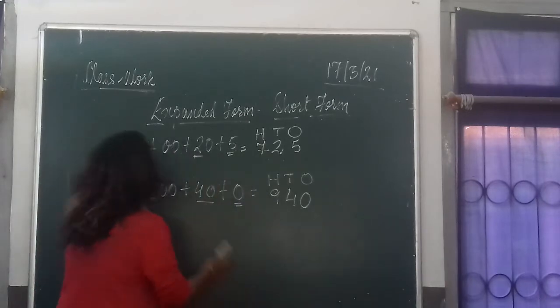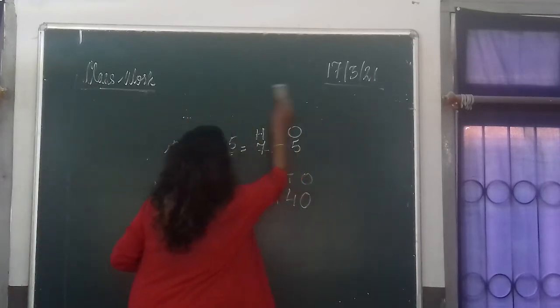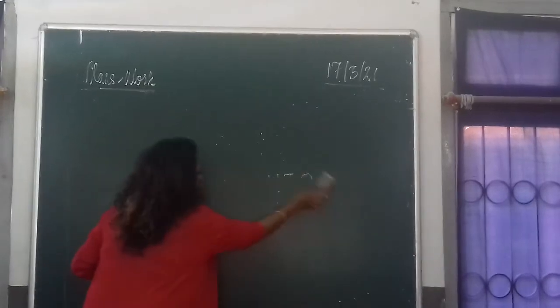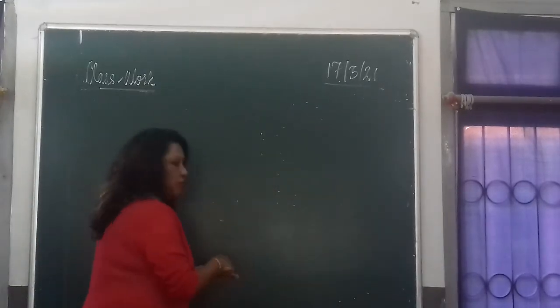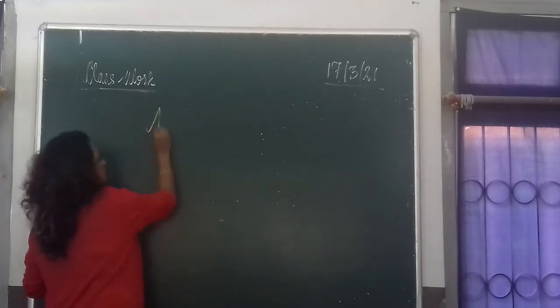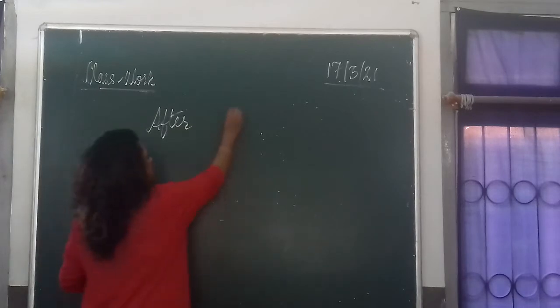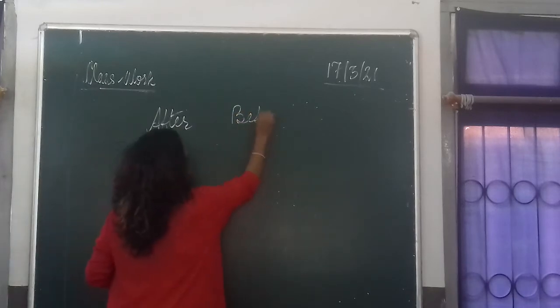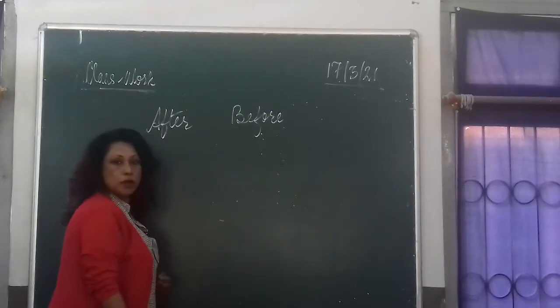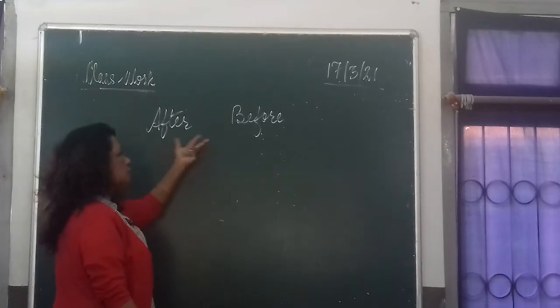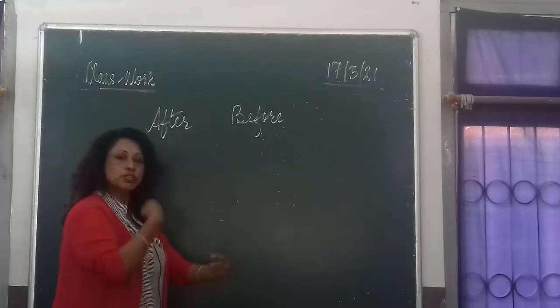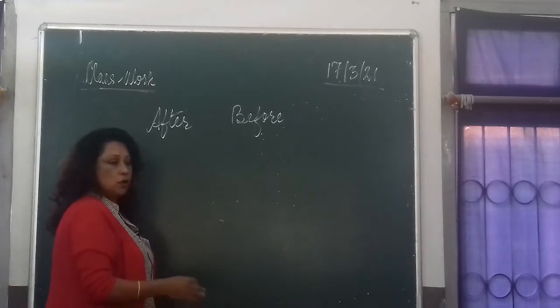Alright. Now let's move on to the other one. Now children, till class 1, UKG, you were learning about numbers that come after and before. Do you remember this word? After and before. After means just what comes after.